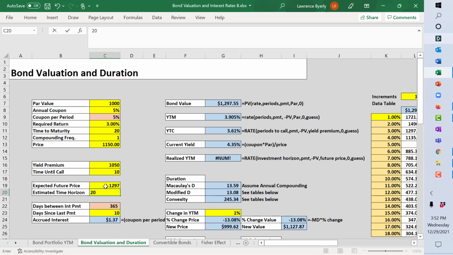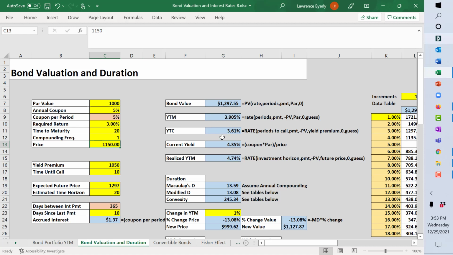Now what is the realized yield to maturity if we plan on selling this in 20 years? The realized yield is 4.74%.